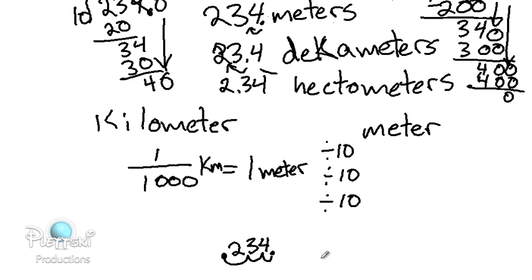So 234 meters equals 0.234 kilometers. Okay, that should start to make sense here. In the next video, I'll show you how to go the other way, how to change meters into decimeters, centimeters, and millimeters.